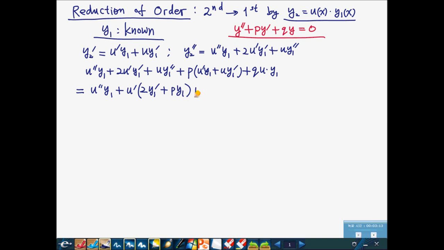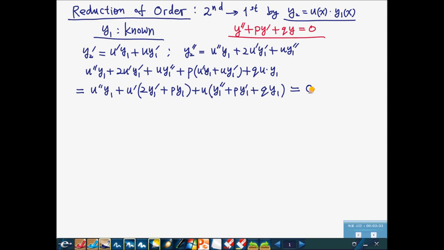And plus u, we are collecting the terms related to u, so y1 double prime plus p y1 prime plus q y1. Okay? And that has to be 0.